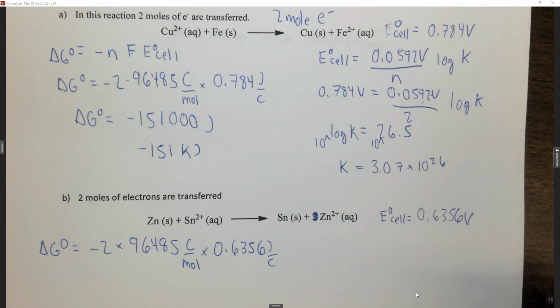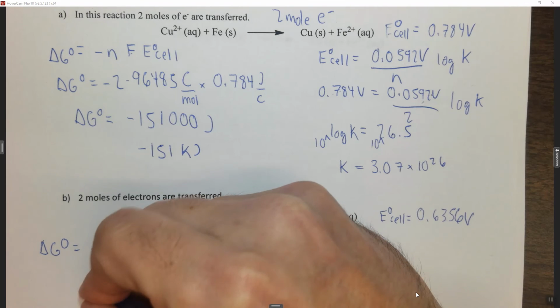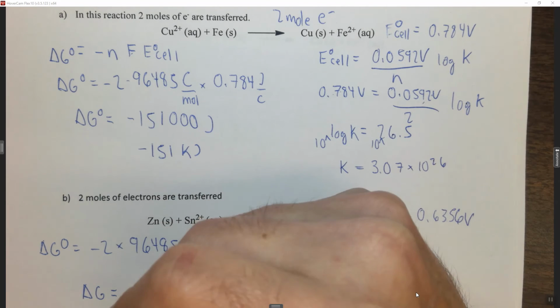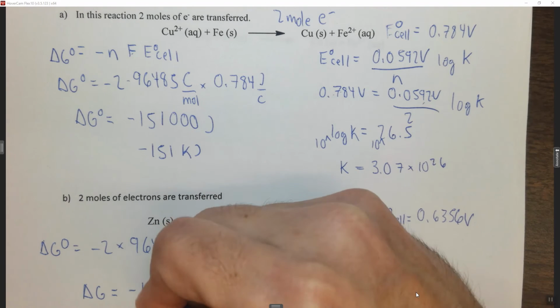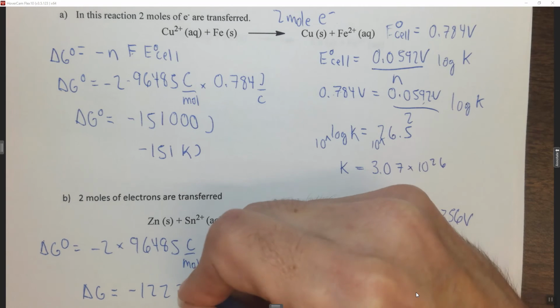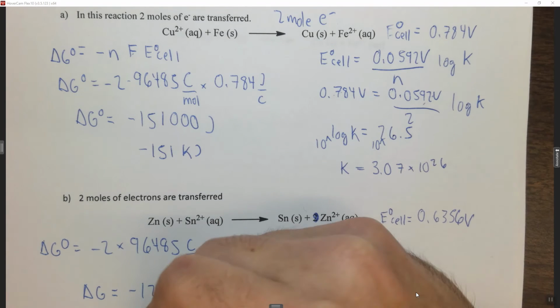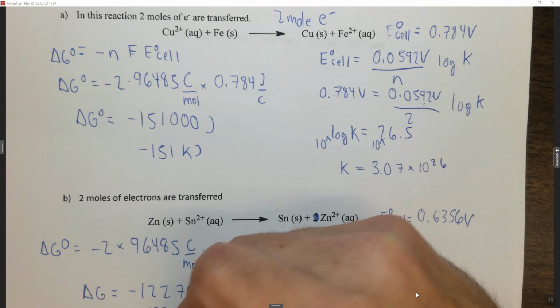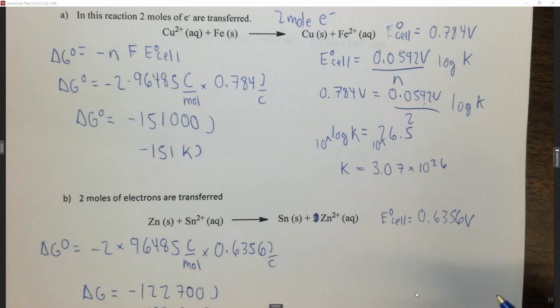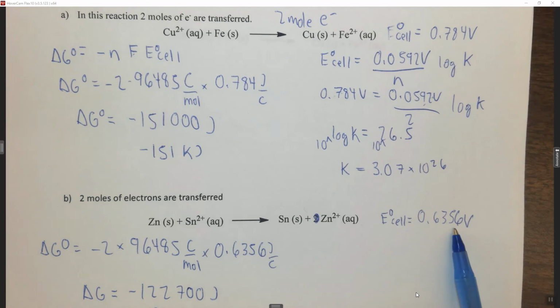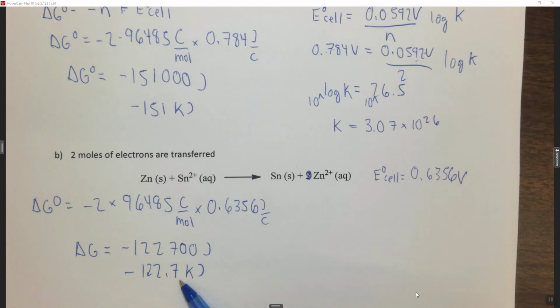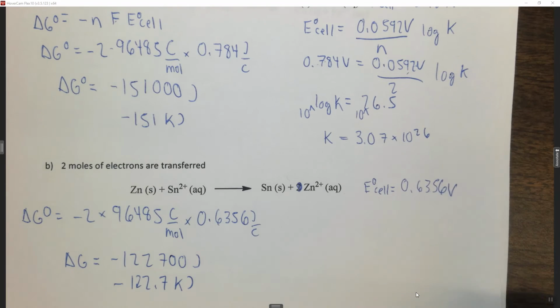When you do that, you find that delta G is equal to minus 122,700 joules, or minus 122.7 kilojoules. Again, E is positive, so it's spontaneous. Delta G is negative, so it's spontaneous.